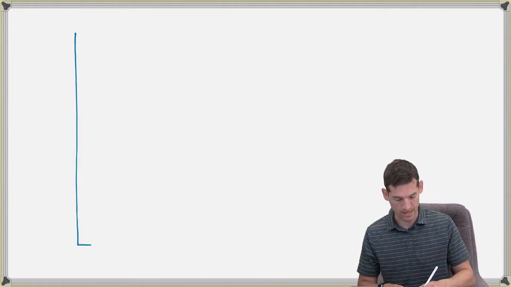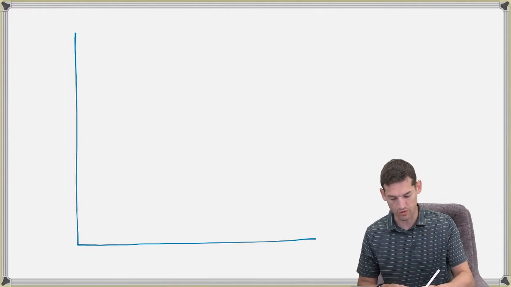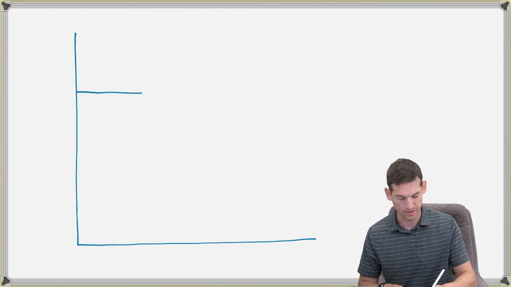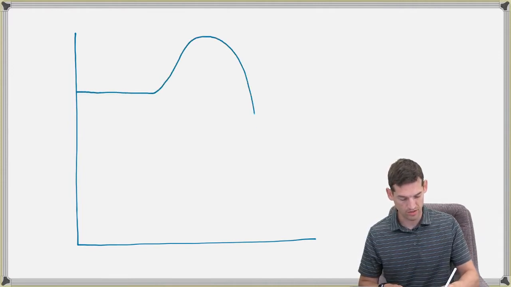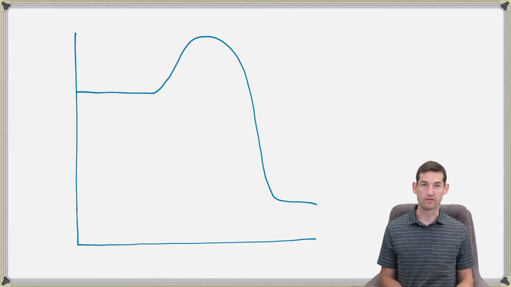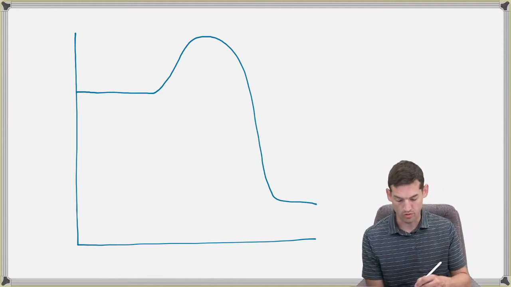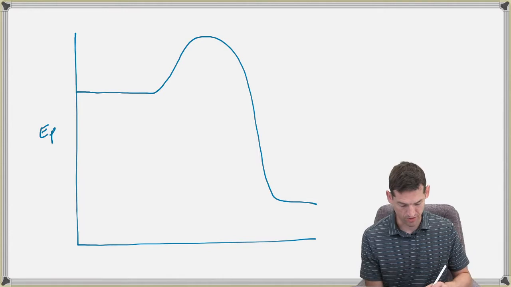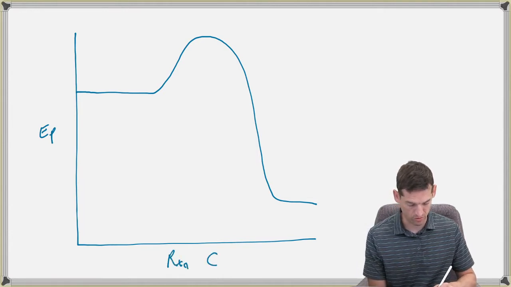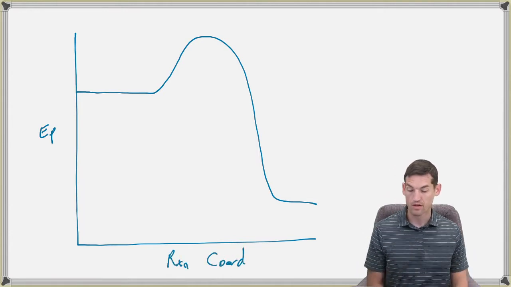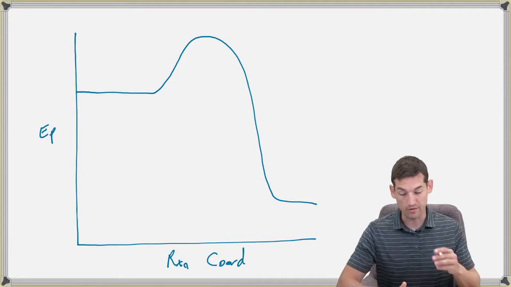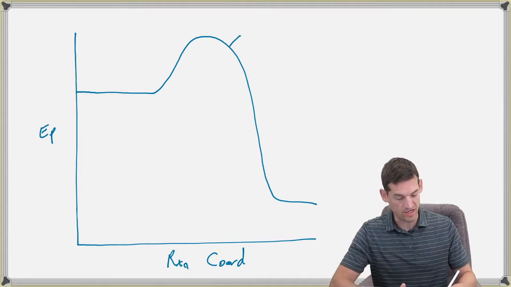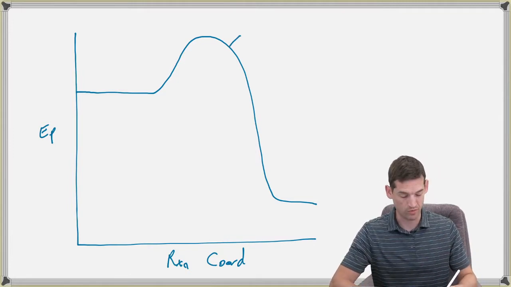So if we took a normal reaction, let's do a normal exothermic reaction. Here's its curve like that. So let me label this potential energy, reaction coordinate. All right, now we'll call this the uncatalyzed pathway, which just means we don't have a catalyst.